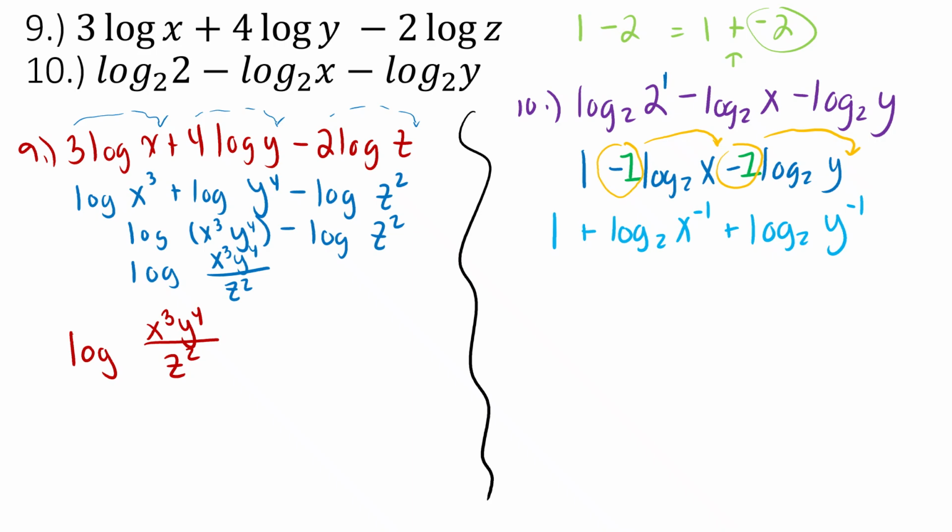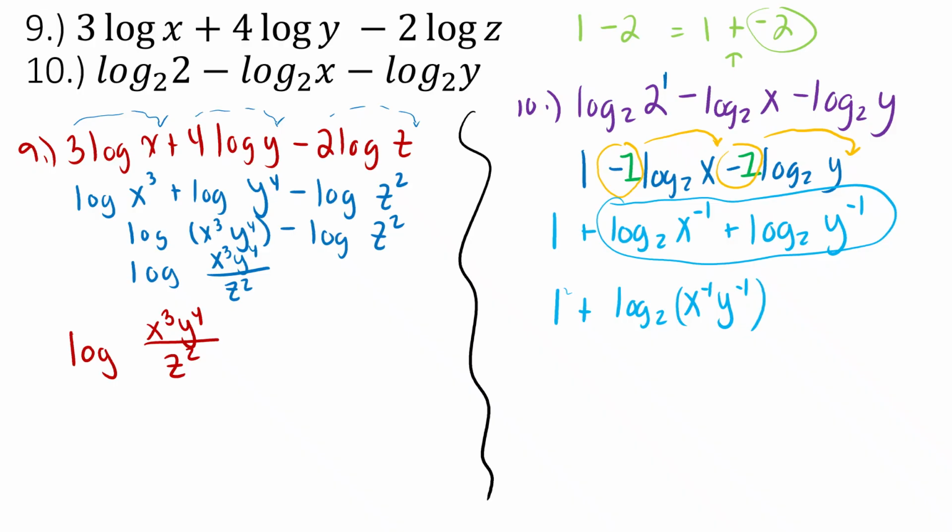So I've just used what I know about exponents to rewrite this. Combining these together now, instead of division and that weird negative out front, I now have multiplication. So this would be 1 plus log base 2 of x to the negative 1, y to the negative 1. And now we can deal with the negative exponents.